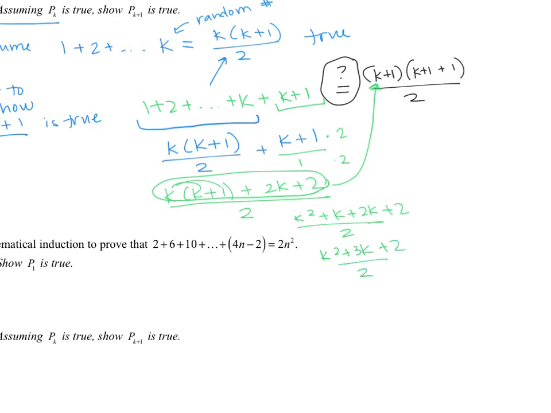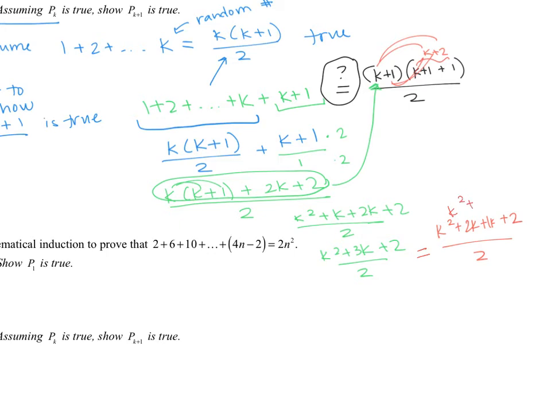Let's look at what's going on the right side. The right side is actually k plus 2 here. So if I distribute, I'm going to get k squared plus 2k plus 1k plus 2. And so you can see that this is exactly what we got over here.